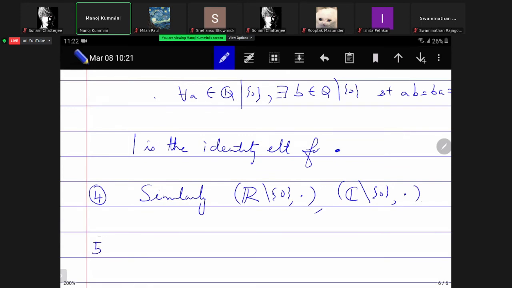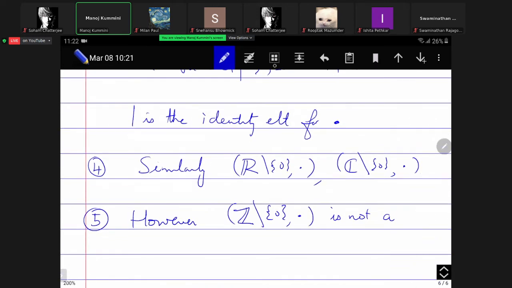However, Z, if you do this to Z, we do not get a group. Okay, I will just say it's not a group, but I have not yet defined what a group is. But at least I'll check that its behavior is not the same thing.